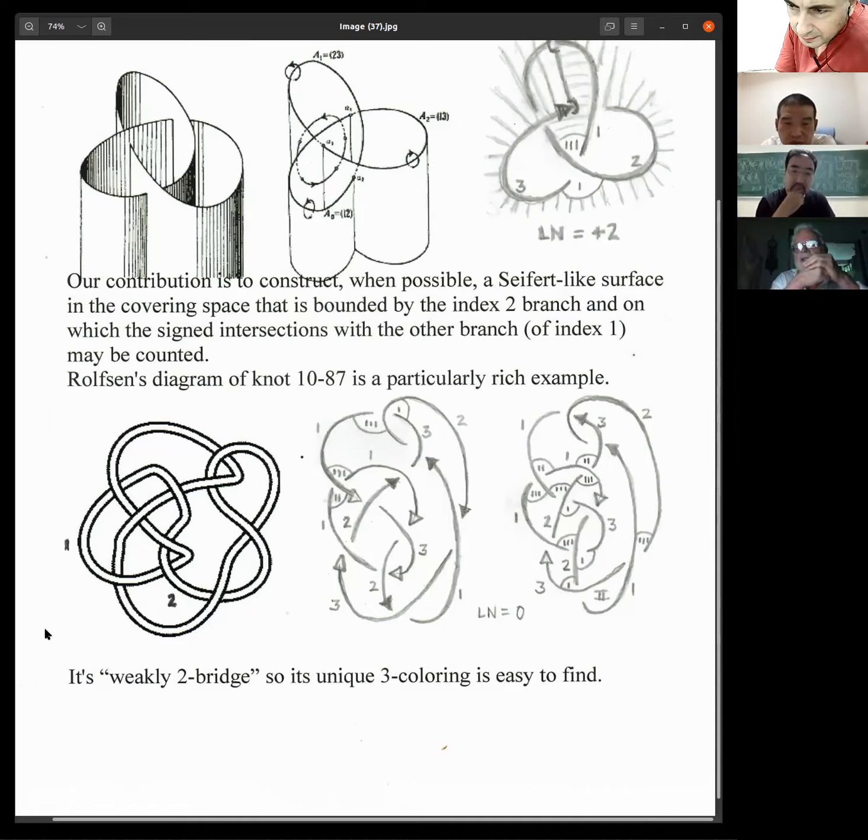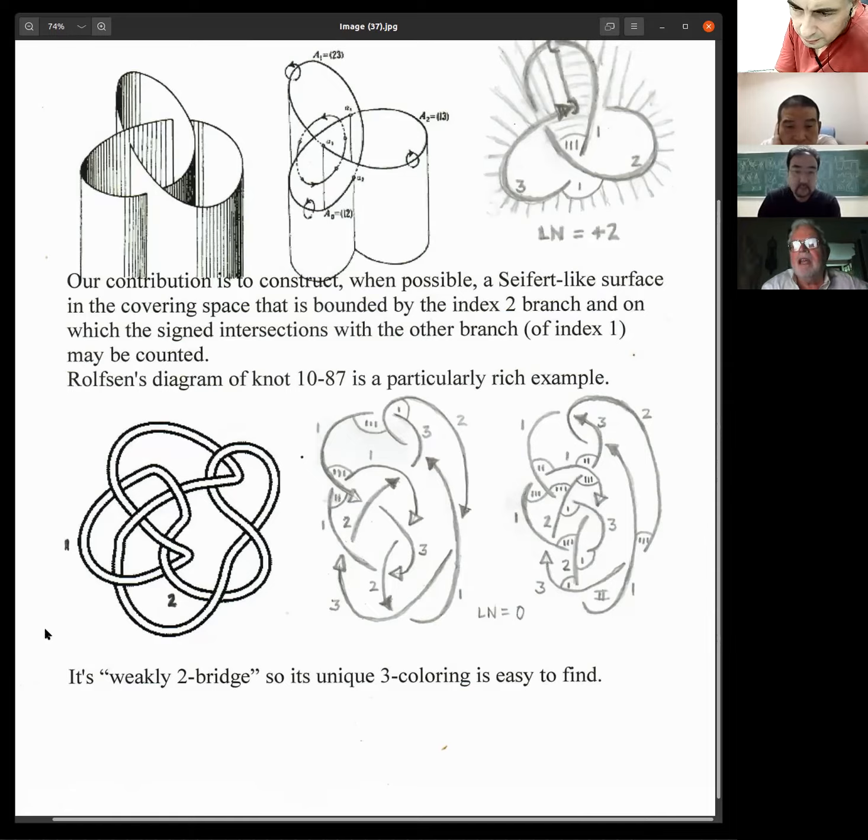So if you just look at that drawing on the lower left, one of its nice properties is that it happens to be a three bridge knot. I think I say here what knot it is. It's like 10_87, I think. But it has the property that this diagram of this three bridge knot is what I call a weakly two bridge diagram. That means that you can generate the entire diagram by starting with just two segments.